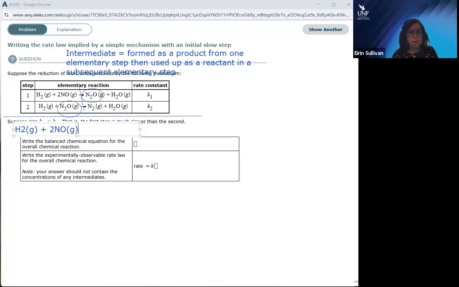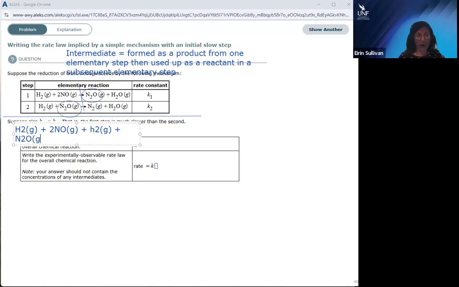So from step 1, we've got H2 gas plus 2NO2 gas. State symbols are important because to gather like terms or to cancel out spectator species that don't appear in the overall equation, they do need to be exactly the same, and that includes state of matter, right? Then step 2, we have H2 gas and we have dinitrogen monoxide gas.